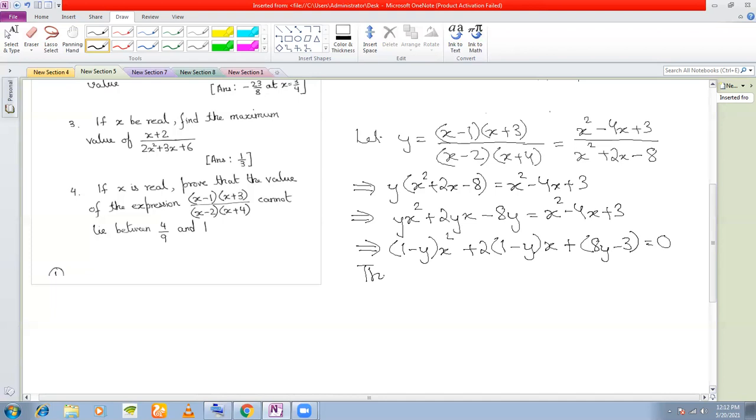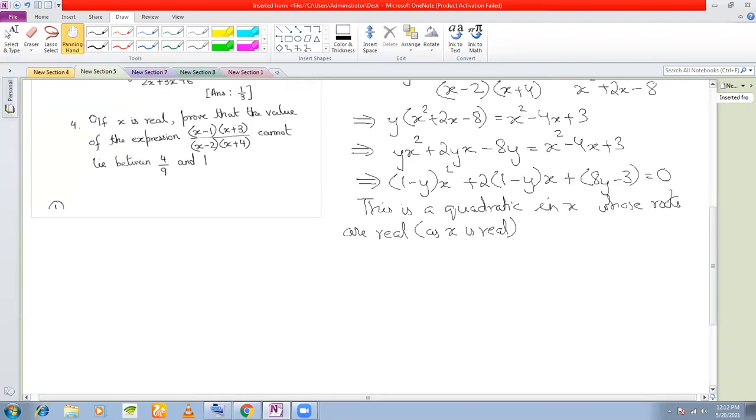So this is a quadratic in x whose roots are real because x is real. The condition for real roots is discriminant greater than or equal to 0. Find out the discriminant.